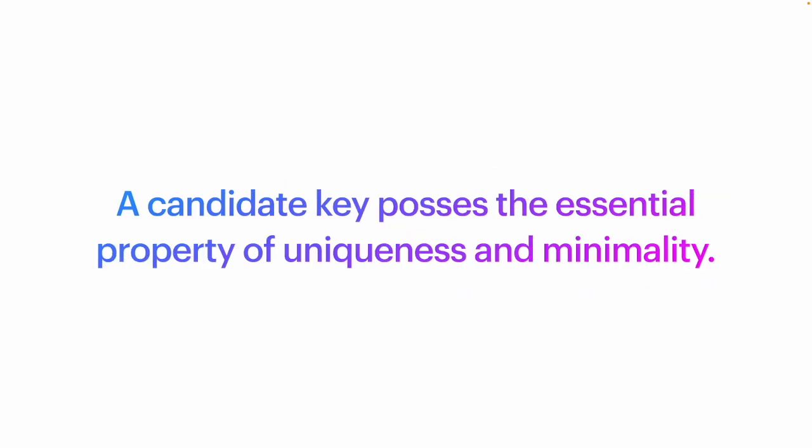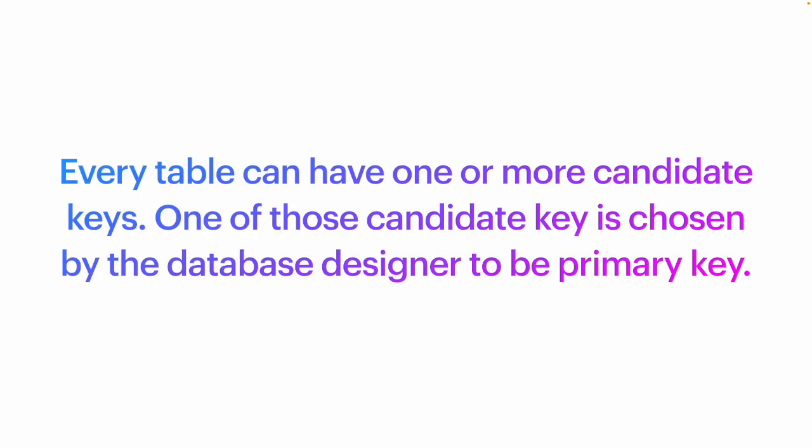A candidate key possesses the essential properties of uniqueness and minimality. So a candidate key should be unique as well as minimal. We will understand in coming slides what uniqueness and minimality mean, and we will see an example with the table that we have seen. Every table can have one or more candidate keys.